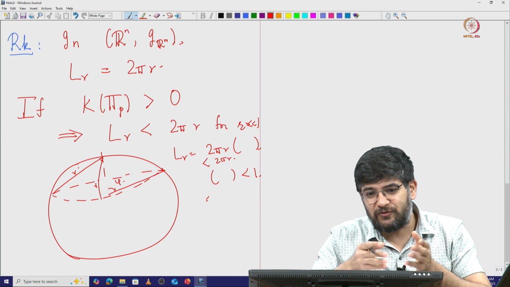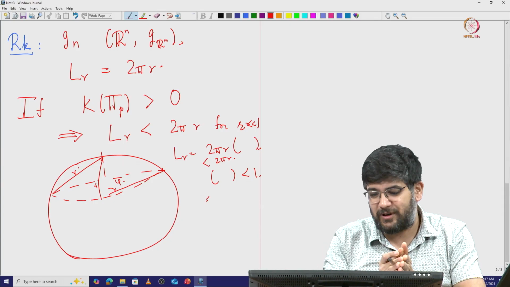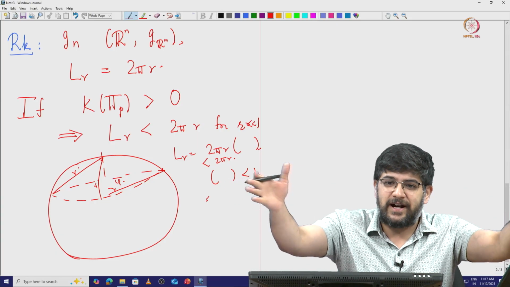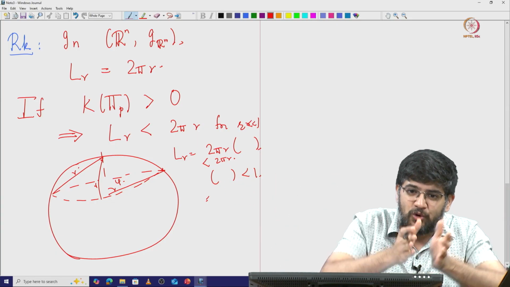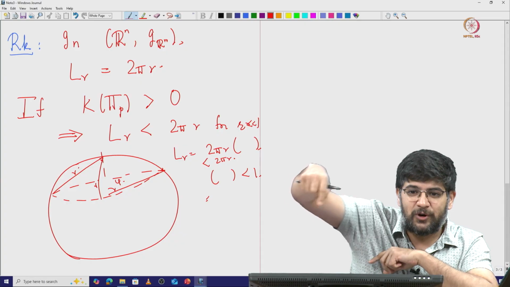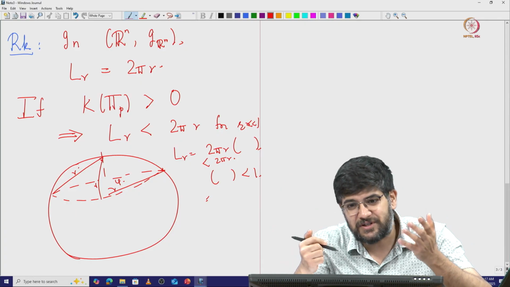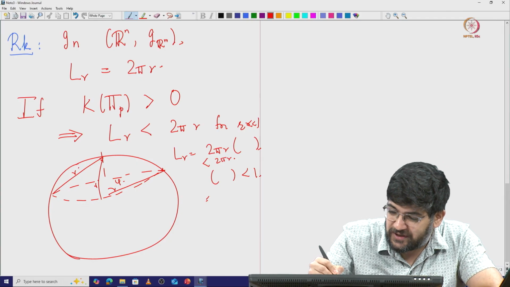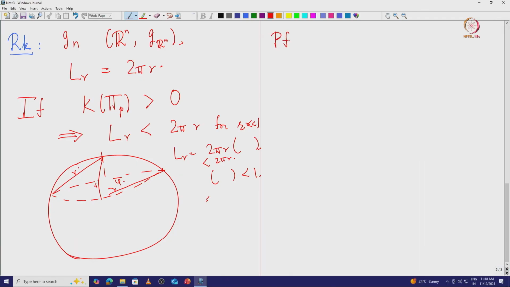On the other hand, if you are working on a space with negative curvature, the geodesics will tend to move away, so that if you now go a distance r and look at the corresponding circle, that will tend to have a length which is larger. Okay. So that's the intuition. Okay. So let's prove this proposition.